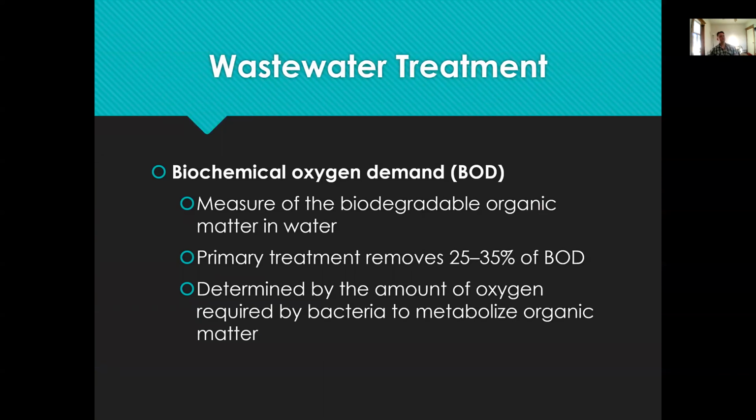So wastewater treatment, there's a very important concept that you guys have to be aware of when it comes to sewage treatment and in general, just the ecology of waste management. And that concept is biological oxygen demand. It is very simply just a measure of the biologically degradable organic matter in the water.